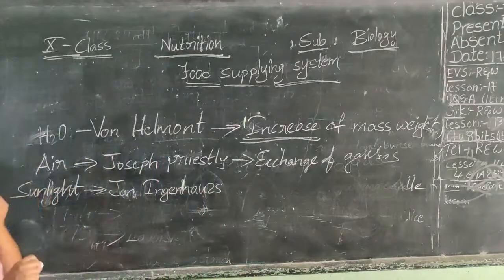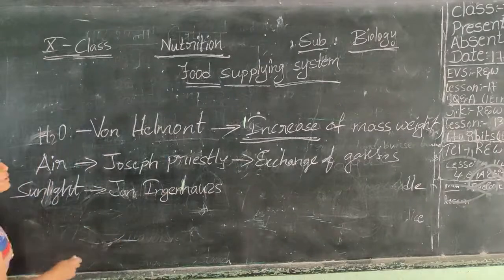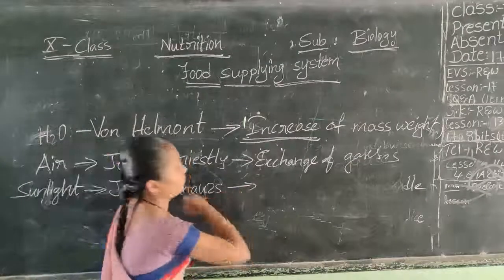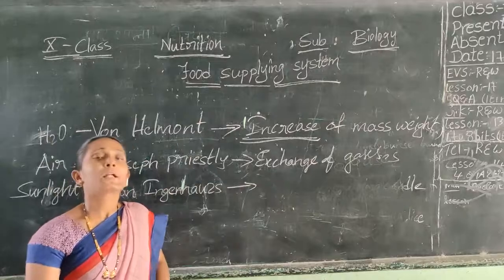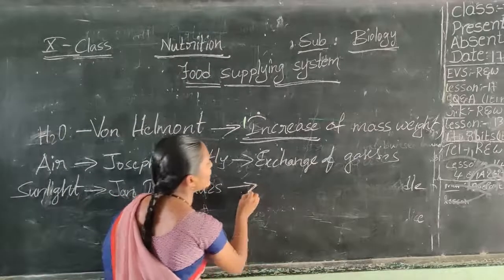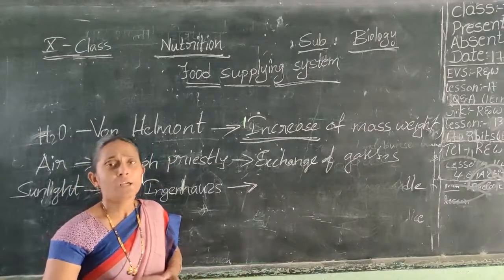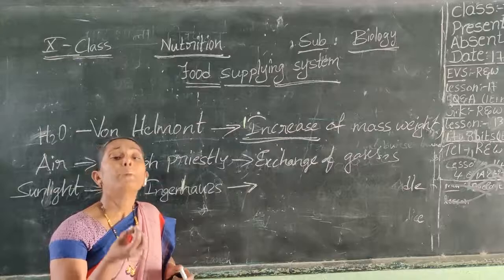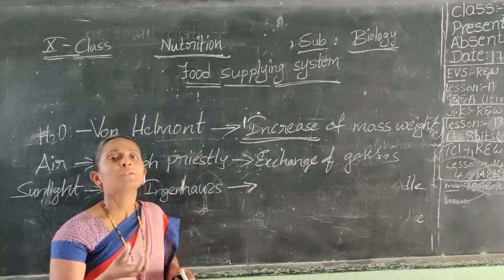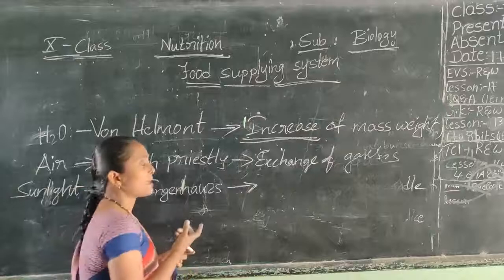So how did he conduct his experiment? He took a plant and kept it in a water glass. That glass was kept under the sunlight. After a few hours, he observed small bubbles coming from the plant. Why did he select the glass?